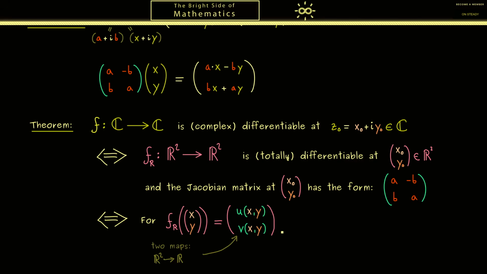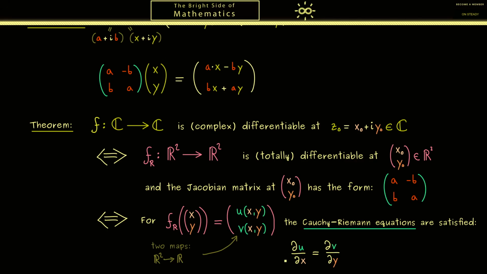Okay, and now we know from the last video that in the top left corner, for example, we find the partial derivative of u with respect to x. And now you see, with the partial derivatives in the Jacobian matrix, we find a connection. And exactly this connection is what we call the Cauchy-Riemann equations. They are just two partial differential equations for u and v. In particular, the first one is simply that du/dx is equal to dv/dy.